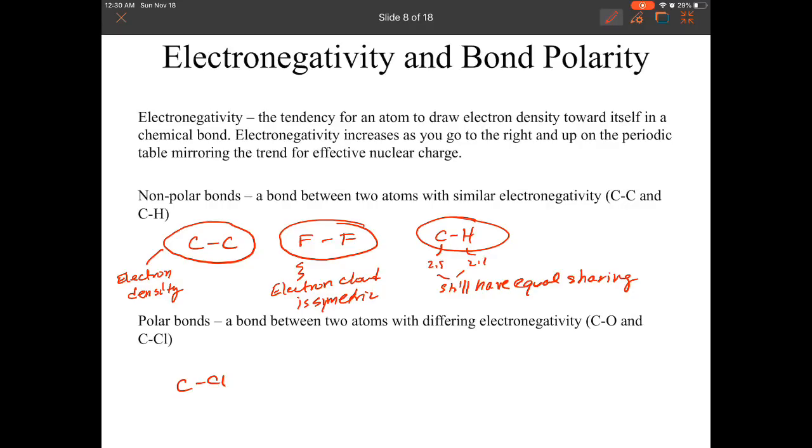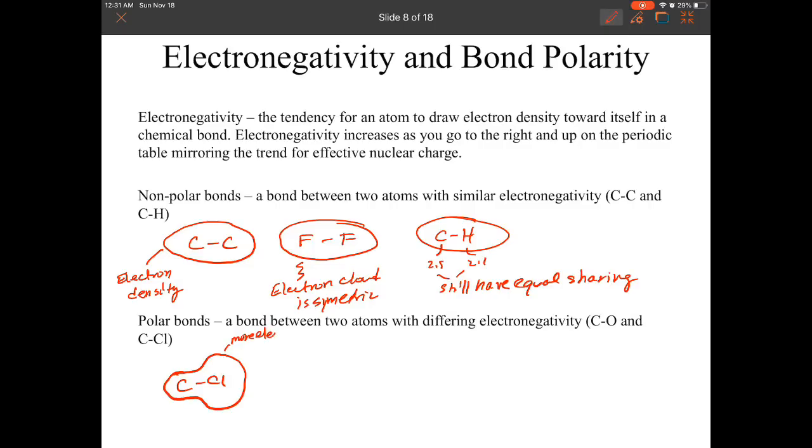Now, in a polar bond where chlorine has a higher electronegativity and wants the electrons a little bit more, the tendency is for the chlorine to hold on to those electrons. So as the carbon bounces the ball to the chlorine, it's going to hold on to it a little while longer. In reality, the chlorine actually draws the electron density toward it, creating a slightly denser electron cloud on its side.